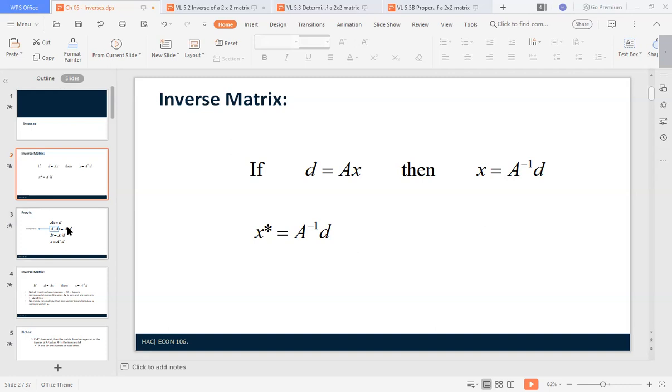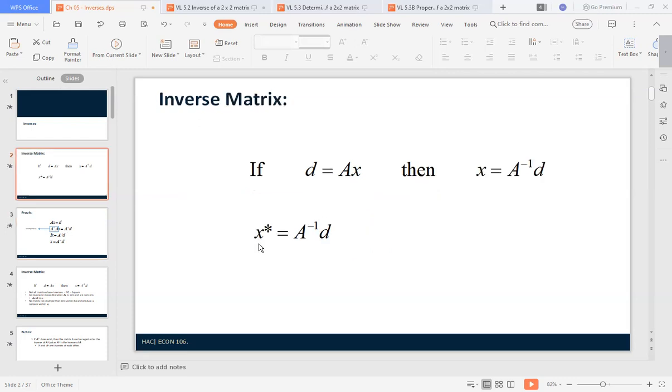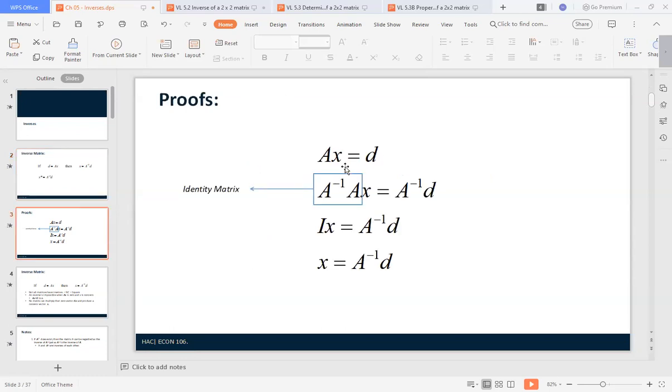Okay. Now, what is the mathematical proof that getting the value for x star is just equal to A inverse multiplied to a constant or a vector? Again, every time we have a system of linear equations, class, we write it in a way that is appropriate for matrix notation.